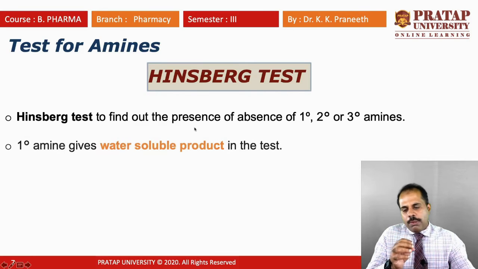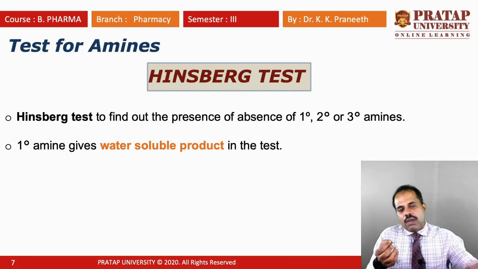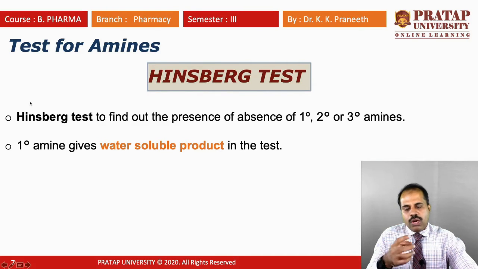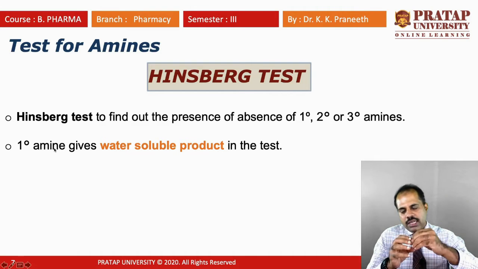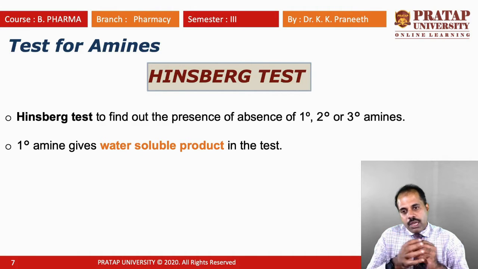So if you take any unknown sample which is having primary or secondary or tertiary amine, and you add this Hinsberg reagent, I will tell you soon what this Hinsberg reagent is. If it is a primary amine, it will give a water soluble product.